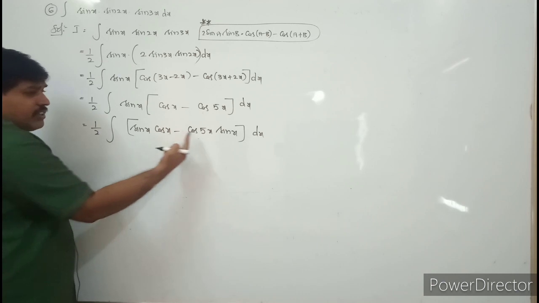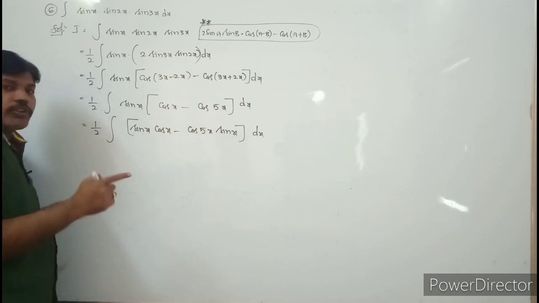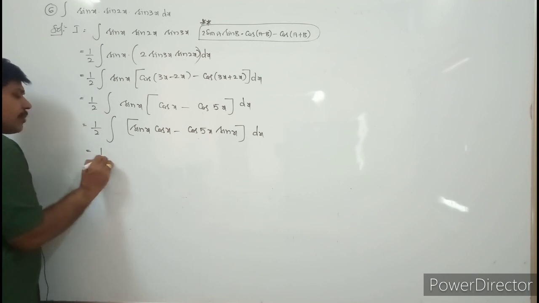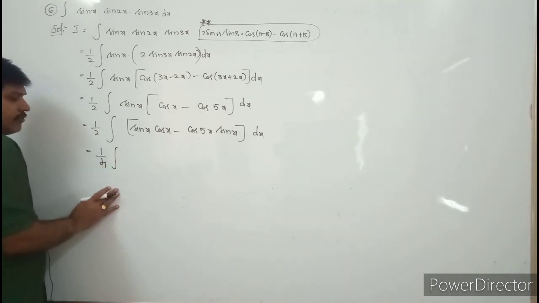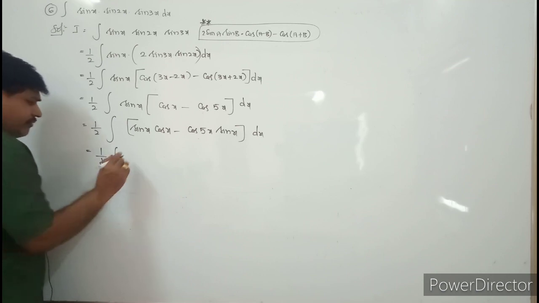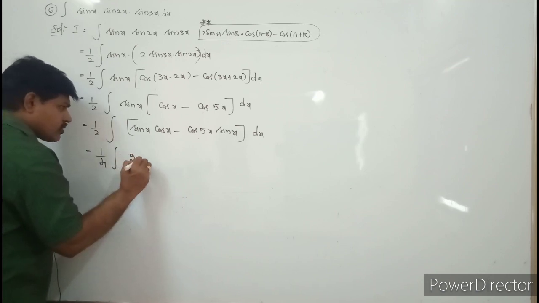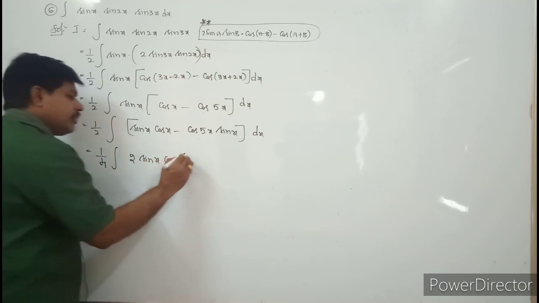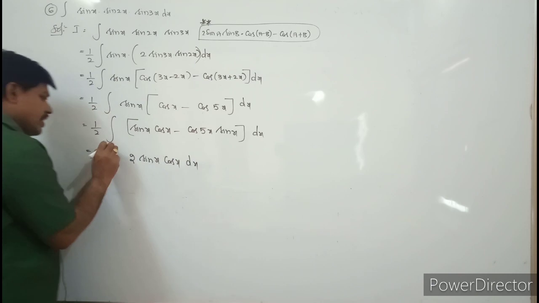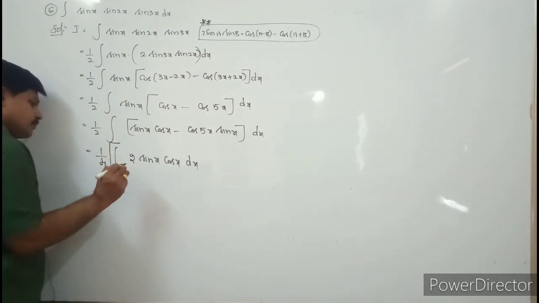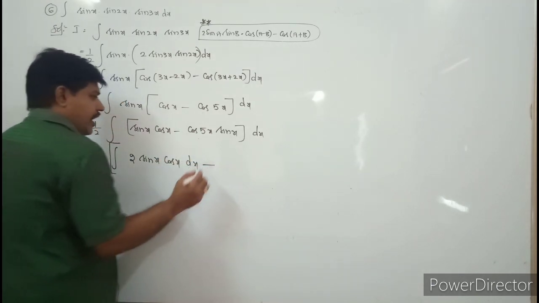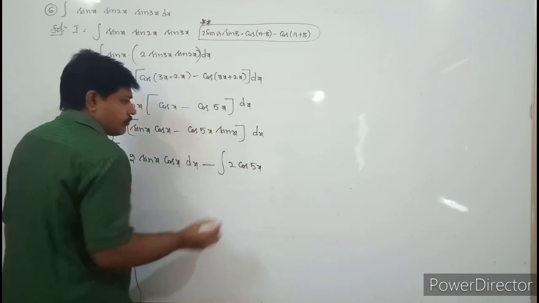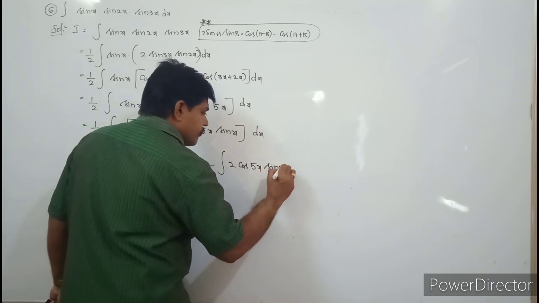So sin A cos B, cos A sin B formulas are there, so you have to multiply and divide with 2 once again. What happens? This 1 by 2 will become 1 by 4 integral of 2 sin x cos x dx minus integral of 2 cos 5x sin x dx.